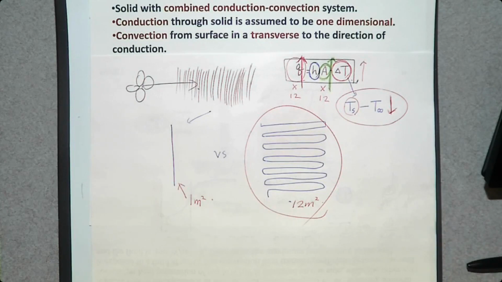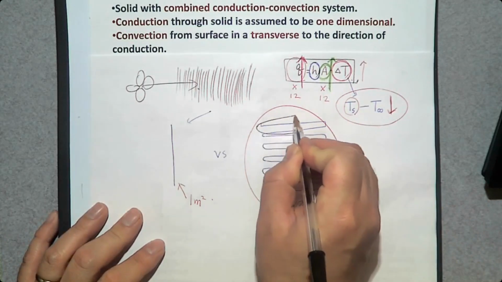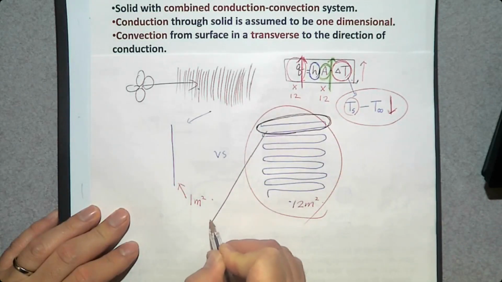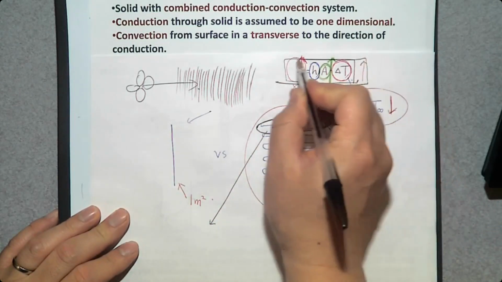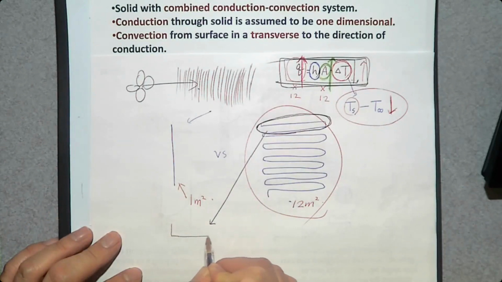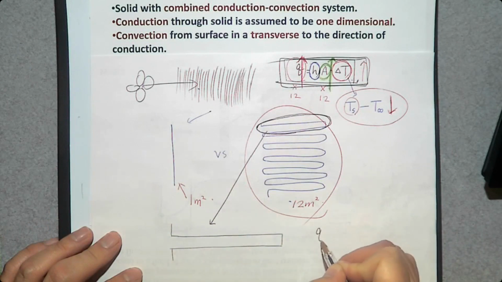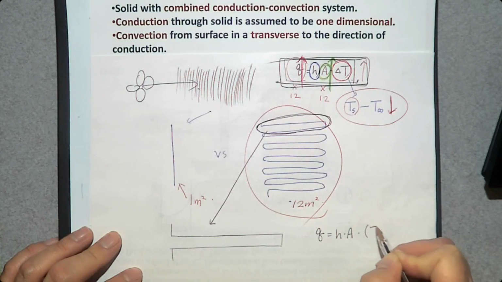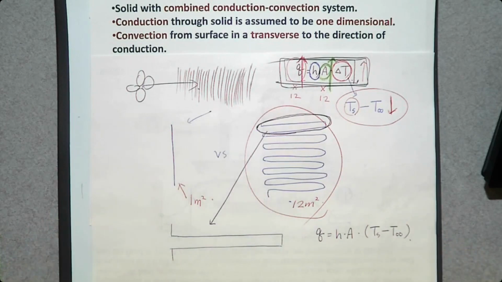There's one problem. Let's think about just one fin, one single fin. Let's talk about this one single fin. To use this equation, what is the condition? Q is h times A times delta T, the surface temperature minus the surrounding fluid temperature.